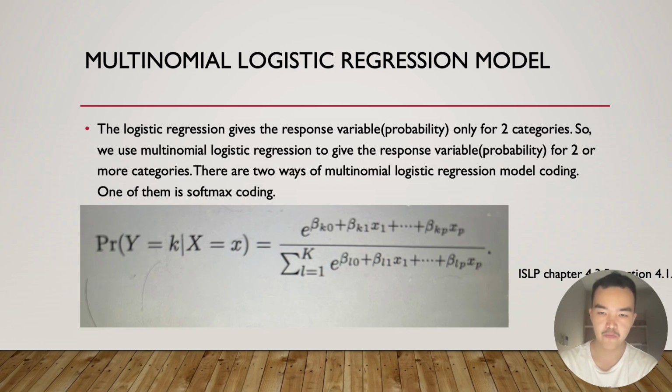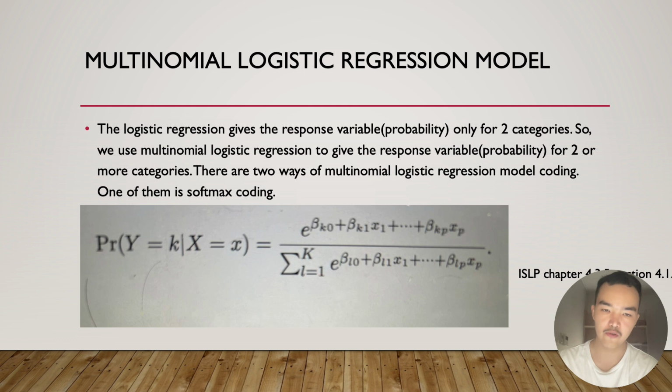There are two ways of coding the multinomial logistic regression model. One of them is softmax coding.